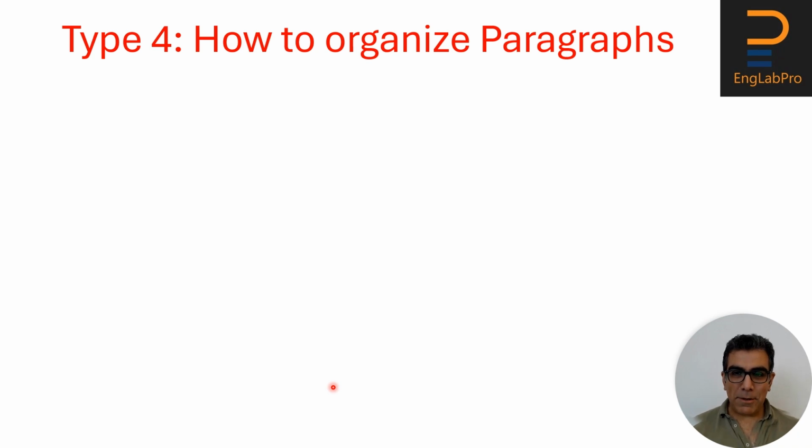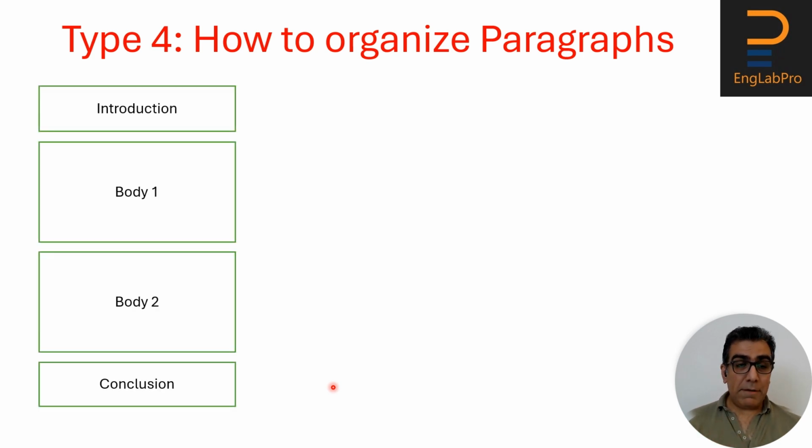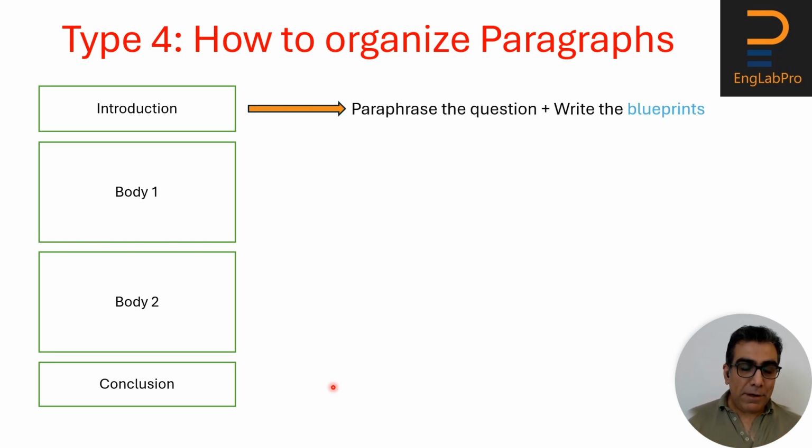Now let's talk about the way we should put our ideas into paragraphs in this type of writing in order to get 6. Well, again, we have to write 4 paragraphs here. The first paragraph is the introduction. We write 2 body paragraphs and 1 conclusion as usual. In the introduction, we should paraphrase the question like always, but this time you need to write blueprints. What do we mean by blueprints?